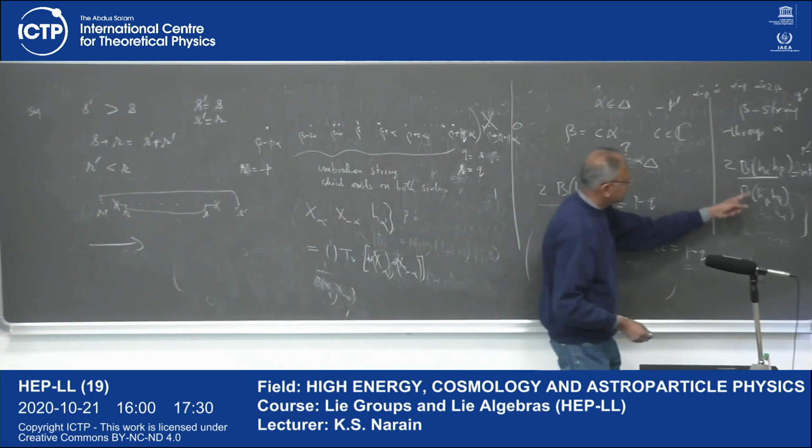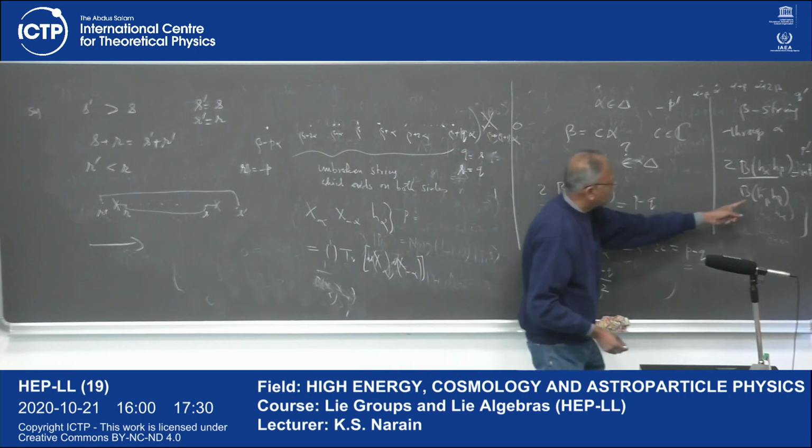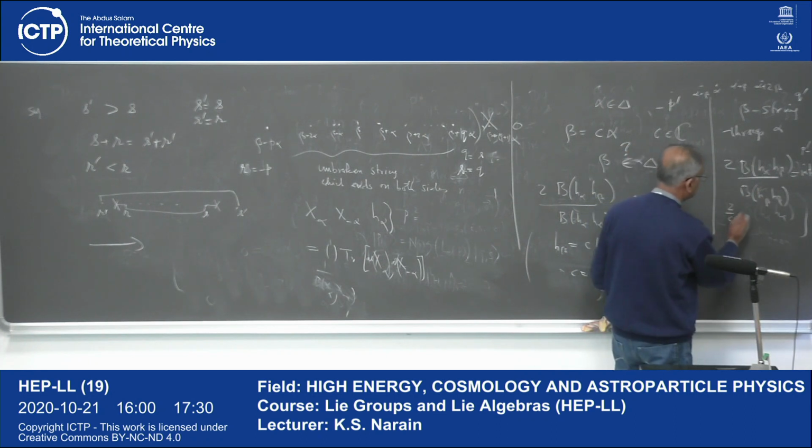But then in this equation, if I substitute beta equal to C alpha, then in the denominator you get C squared, and in the numerator you get a C. So 2 over C is an integer.